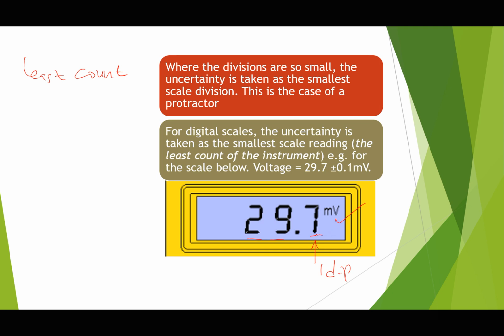By common sense, the smallest value this instrument can give is most likely 0.1. Because it is reading 29.7, that is to one decimal place, the smallest digit to one decimal place is 0.1. We call this the least count. So the smallest value this instrument can measure is 0.1, which is the least count. So this will be its absolute uncertainty, or the uncertainty in using this instrument.